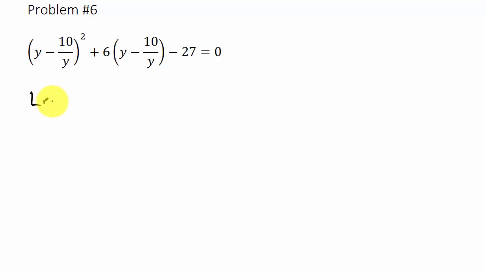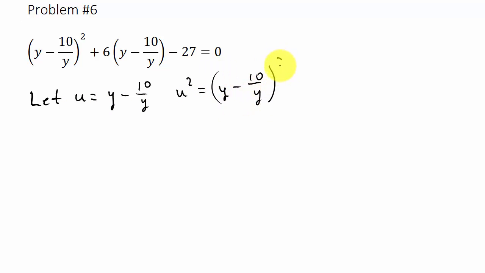So let u equal y minus 10 over y, and then if I square both sides here, that's u squared equals y minus 10 over y, squared. And I get this first term.